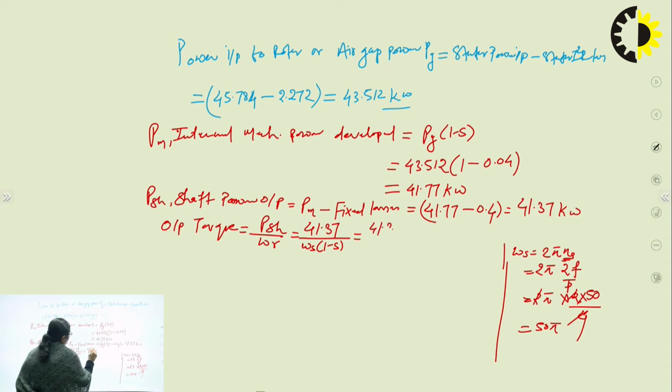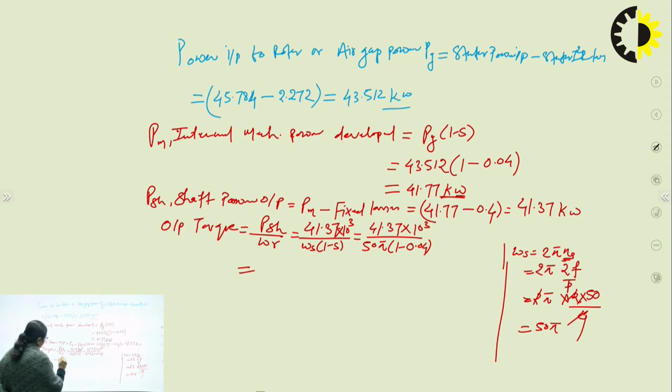So 41.37 divided by 50 pi into 1 minus 0.04. Remember that as I was using the power in kilowatt, here for determination of torque, I must convert this into watts.